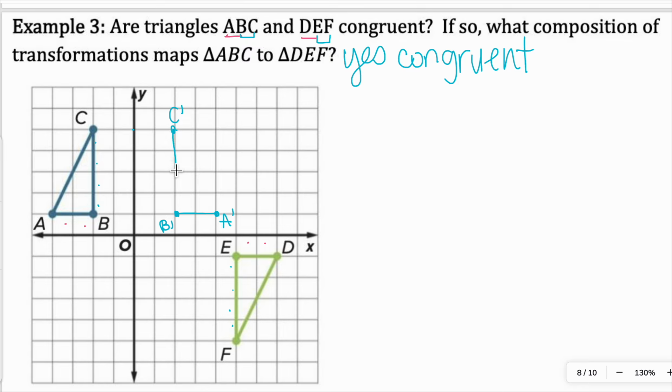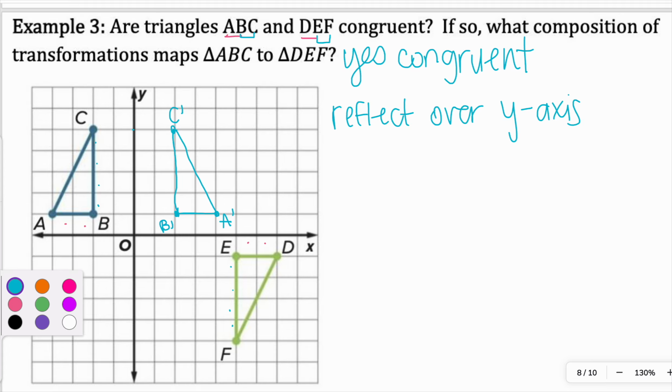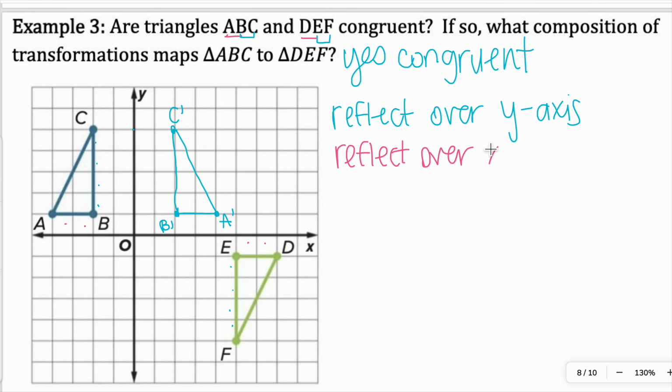Once I did that, I'm going to go ahead and write down reflect over y-axis. But it's still not oriented the same way that I want it, so maybe I would think about step 2, reflect over the x-axis, which would mean B double prime would end up here, A double prime would end up here, and C double prime would end up down here.